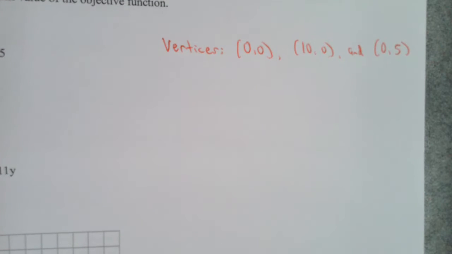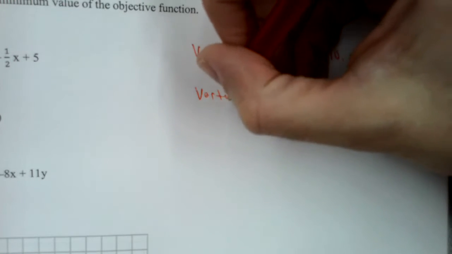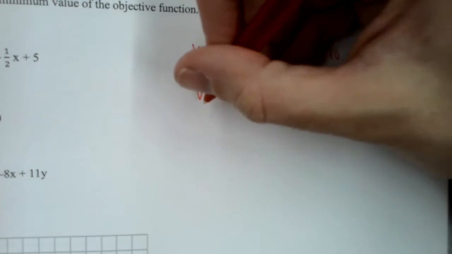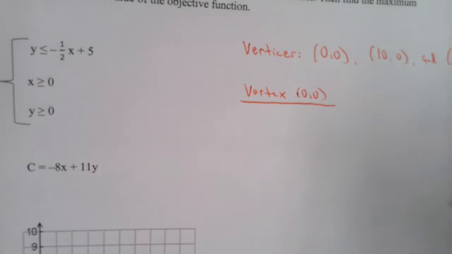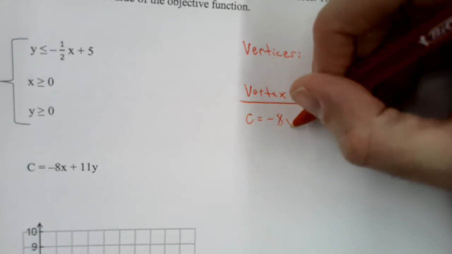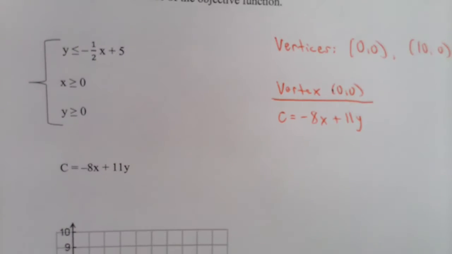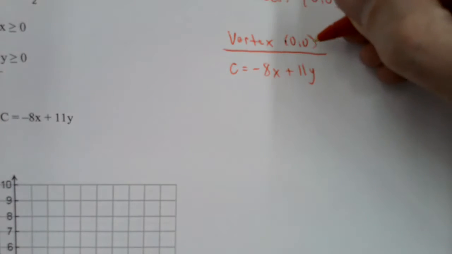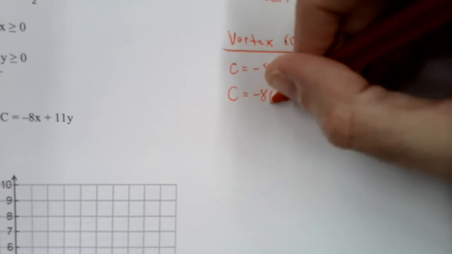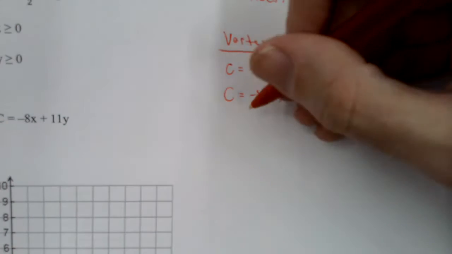Now we are going to test each vertex with the objective function. Let's start with vertex (0, 0). I always like to copy the objective function. C equals negative 8x plus 11y. Now I'm going to replace the x with 0 and the y with 0. 0 plus 0 is 0.